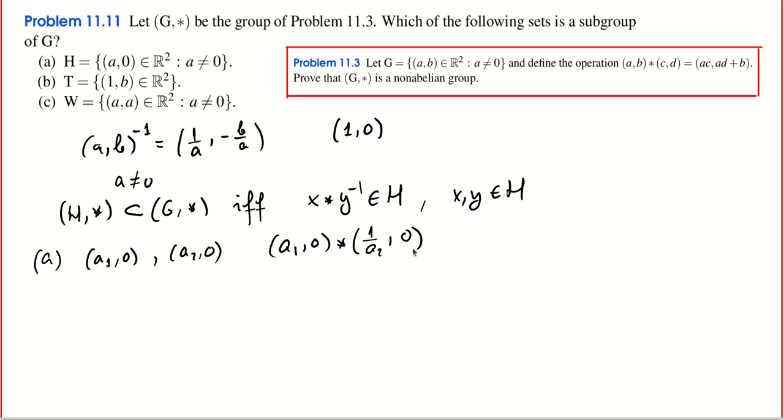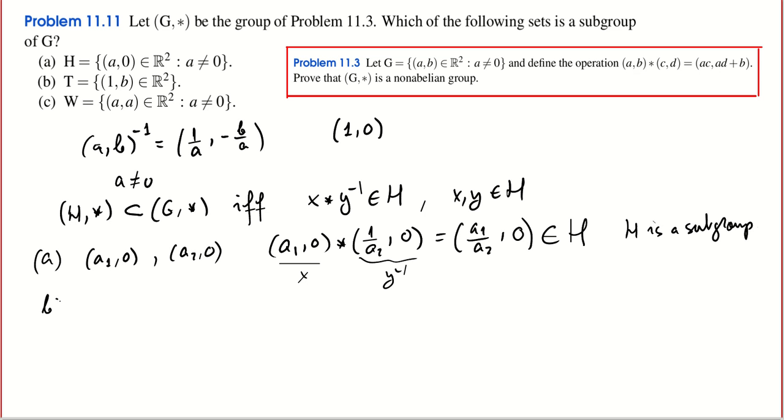So, right, this is the product of x times y to the minus 1, which of course is this by this, a1 over a2, okay? And the second component is this by this plus this, which is 0. And as you can see, this is also an element of H. So it satisfies this property, so H is a subgroup.